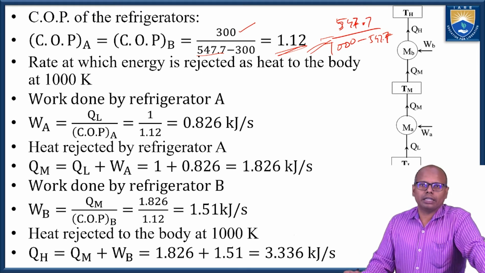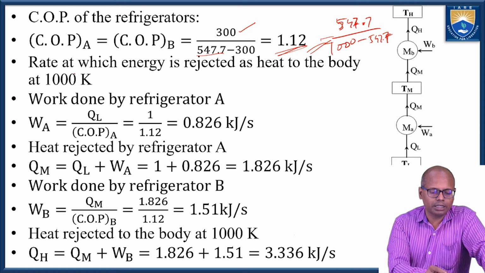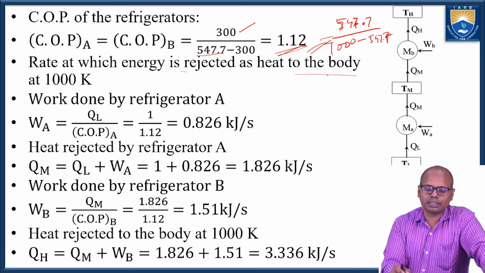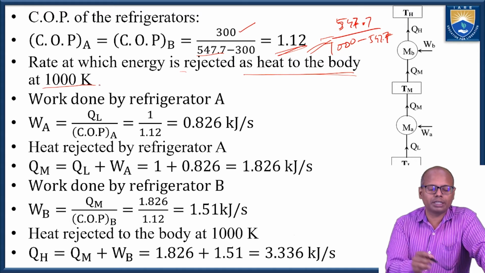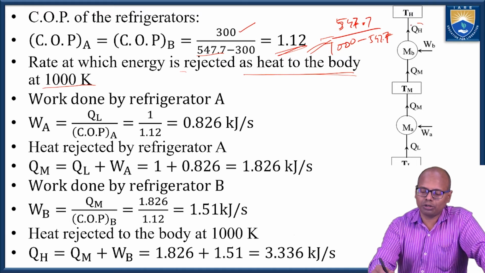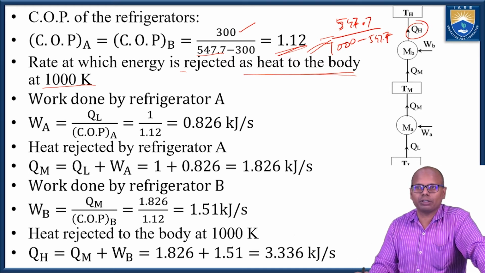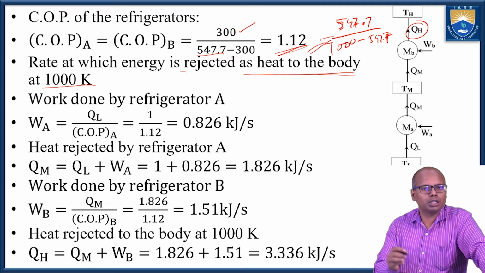Now the third bit is asking for the rate at which heat is rejected to the body at 1000 degrees Celsius. So I have to find out what is QH. How do I find QH? There are two ways.